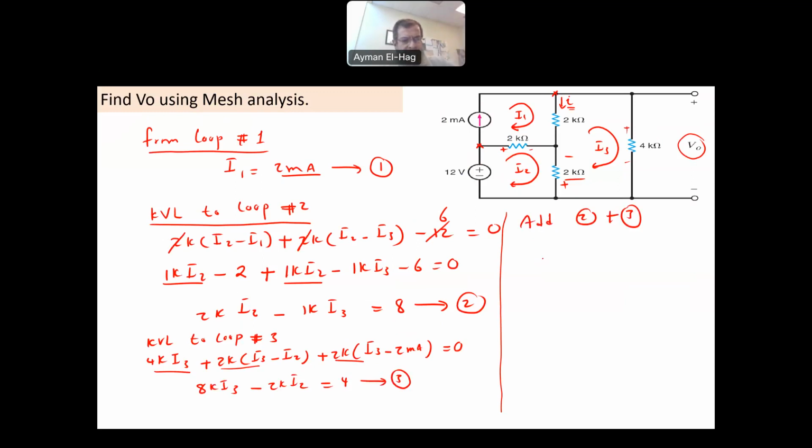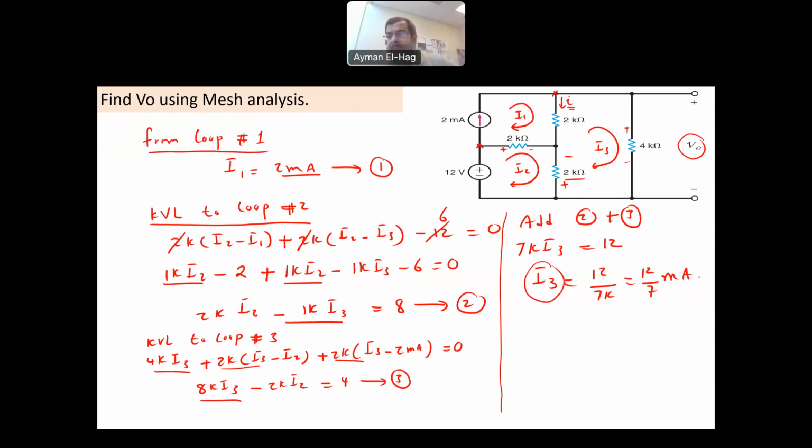So we will have minus 1K I3 plus 8K I3, so 7K I3, and 2K I2 minus 2K I2 is done, equal to 12. So your I3 is equal to 12 divided by 7K, or 12 over 7, because we are dividing by 1,000, it becomes milliamp. So that is your I3.